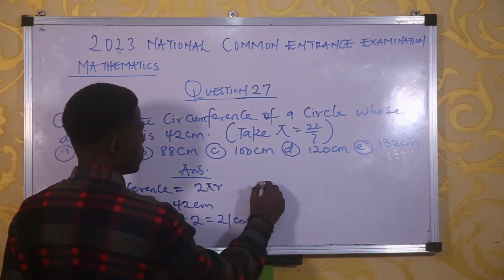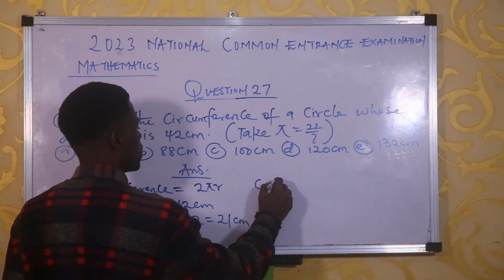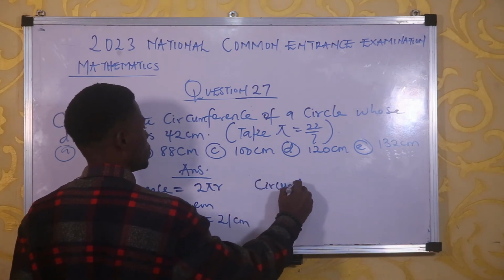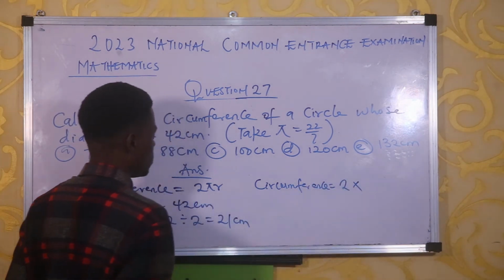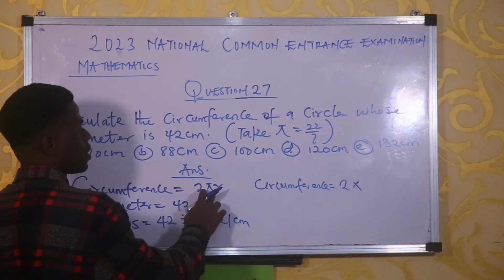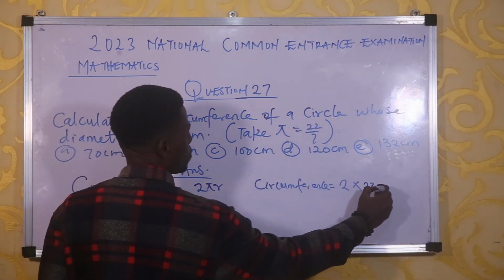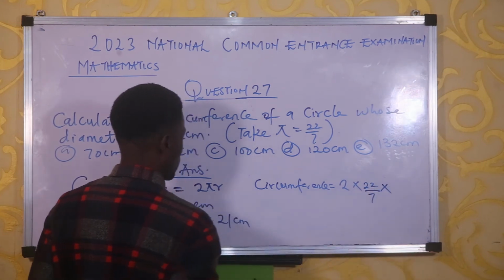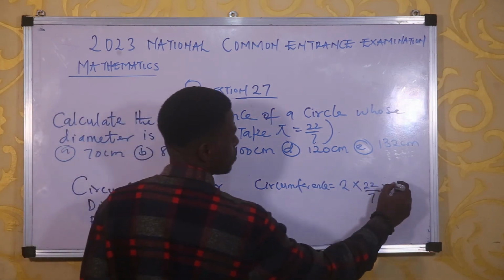To get our circumference, we put it against circumference so that you will not make a mistake. Now say 2 times pi, which has been given as 22/7, then our radius, 21 centimeter.